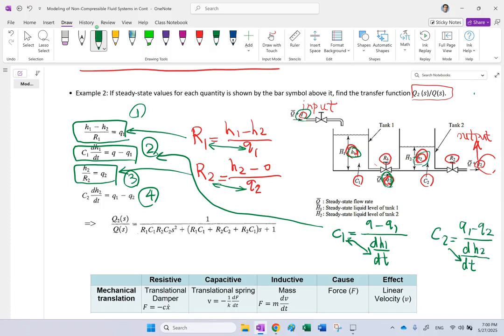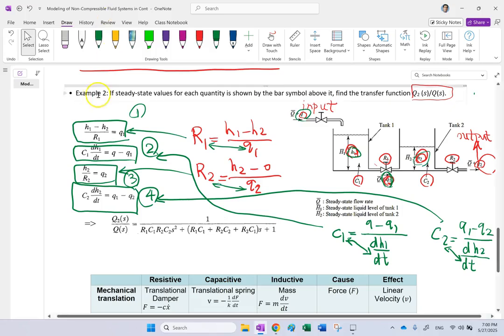Again, if I cross multiply these two, then I should get equation number 4. There we go. So based on the definitions of resistance and capacitance, now I could write for you equations 1, 2, 3, 4. Now, are these equations enough to give me my transfer functions?